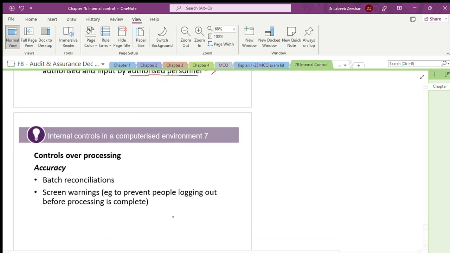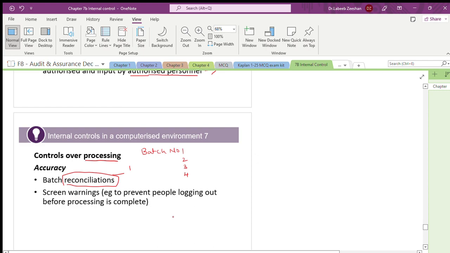Processing. When we are talking about processing, what will happen? You will process, you will take backups. Batch processing, batch reconciliation. You have batch number 1, batch number 2, batch number 3, batch number 4.